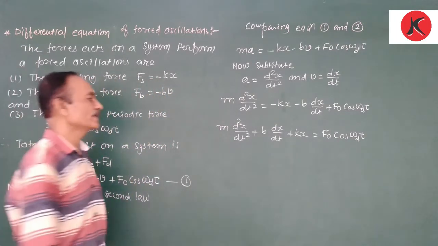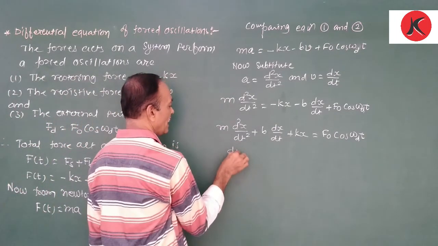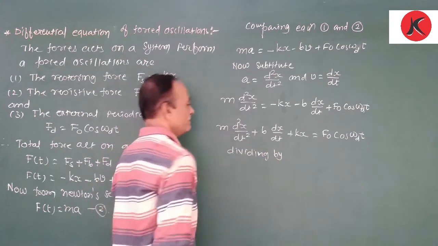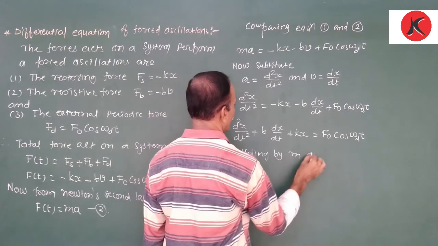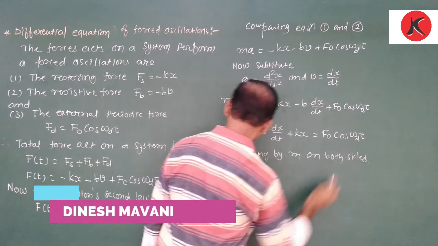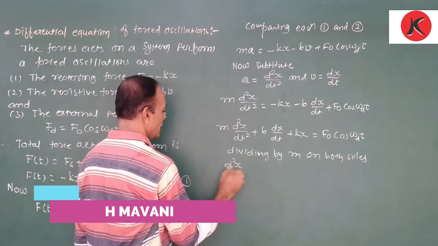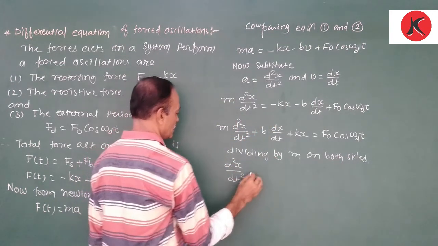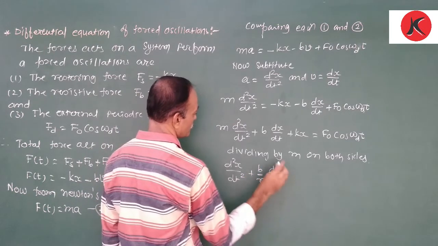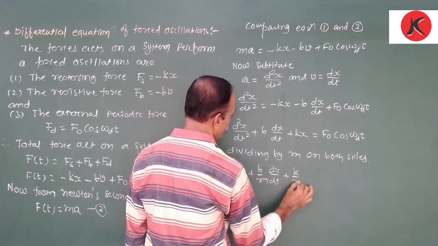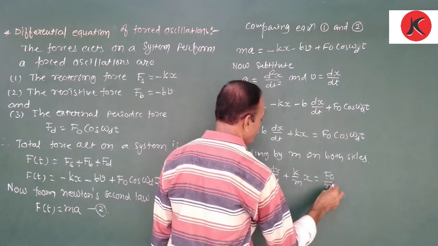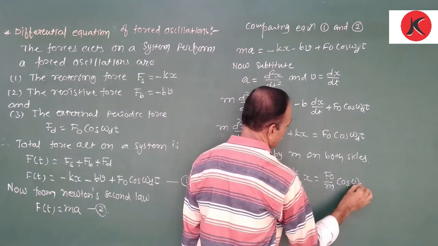Dividing by m on both sides, d square x upon dt square plus b upon m dx by dt plus k upon m x is equal to F0 upon m cos omega d into t.